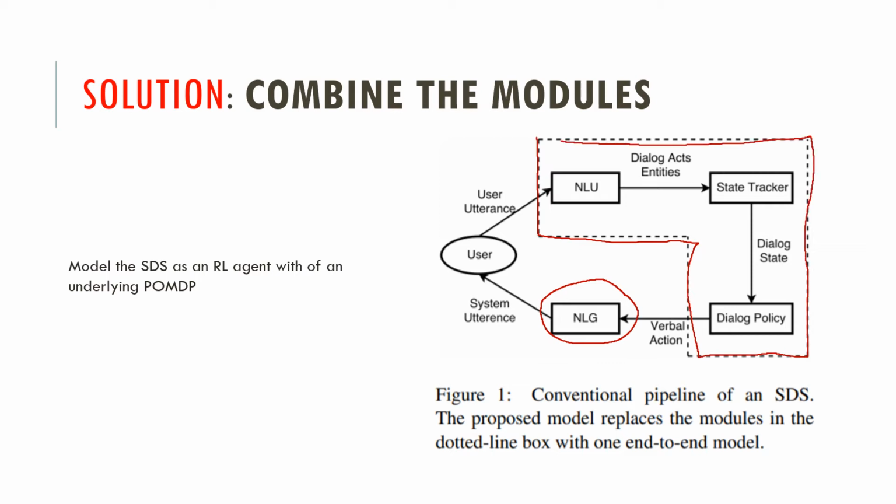If we imagine that this is all one unit, it starts to look like a reinforcement learning problem already, where the user inputs some utterance, and that's their observation from the environment, and they have to respond in such a way that satisfies the user's intention, or satisfies the task that the user wants to accomplish from the system. And upon satisfaction of the task, the agent will receive rewards. So we can see it's suitable to a reinforcement learning framework.